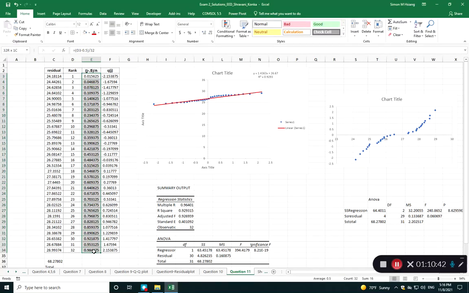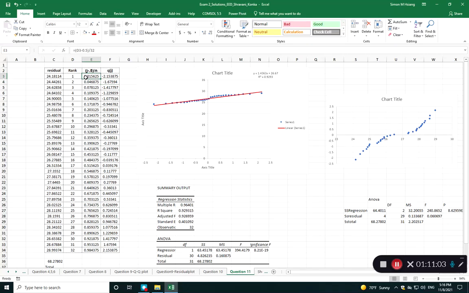That will generate your probability value. Then you plug them into normal inverse, that will give you their quantile value. So you plot the residual against your Q value.